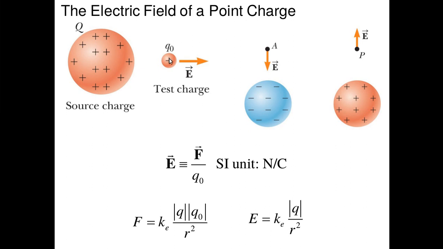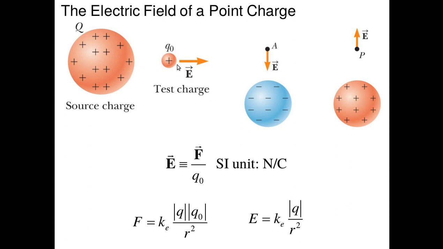I threw the test charge away, but I still have the source charge. If I pick a point some distance r from this source charge, I can use this expression to calculate the electric field, the magnitude at least.